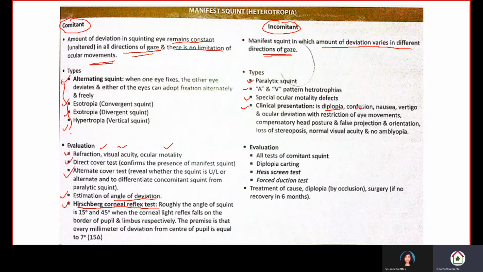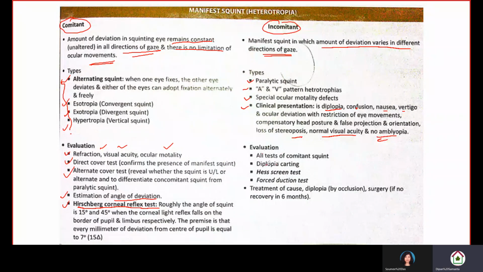Clinical presentation is diplopia, confusion, nausea, vertigo, ocular deviation with restriction of eye movement, compensatory head posture, false projection and orientation, loss of stereopsis, normal visual acuity, and no amblyopia.